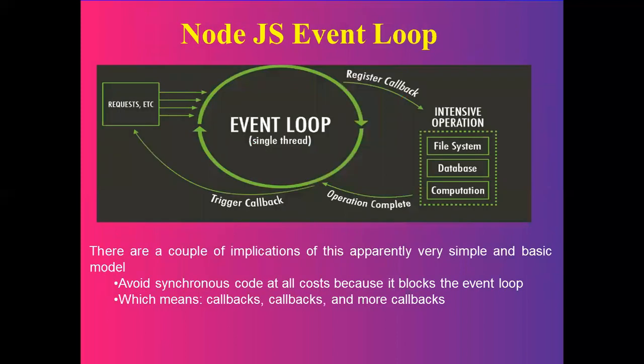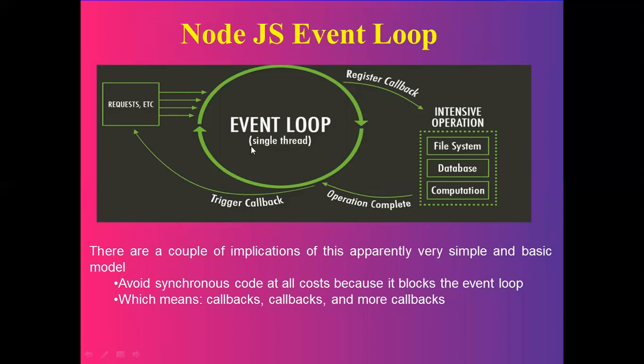So the next topic is the Node.js event loop. In the process model, you have seen the event loop. Here you can see the request. When a request comes to the thread or to the server, if that request needs any IO operations, an event is triggered. Here you can see the single thread, this is for the process model.